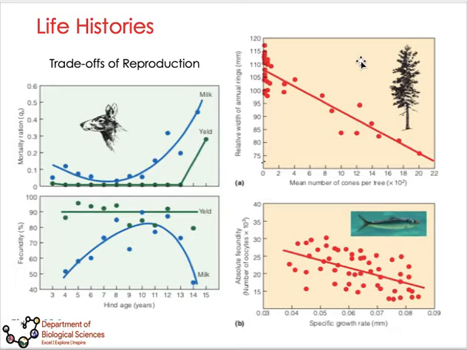So what are the trade-offs of reproduction? For example, you have here three graphs. This one is the mortality and fecundity of a deer, a caprine species. In this first graph, you can see that the mortality increases as the milk production increases.